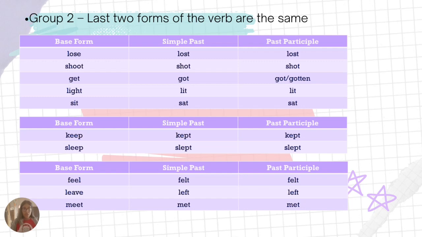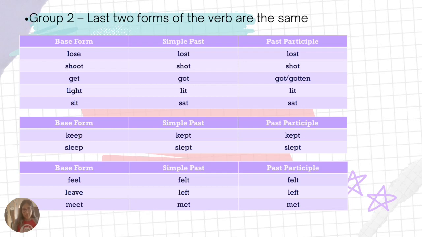Group two. The last two forms of the verb are the same, as we see in the table. The base form lose; in the simple past, lost; in the past participle, lost. The last two are the same.